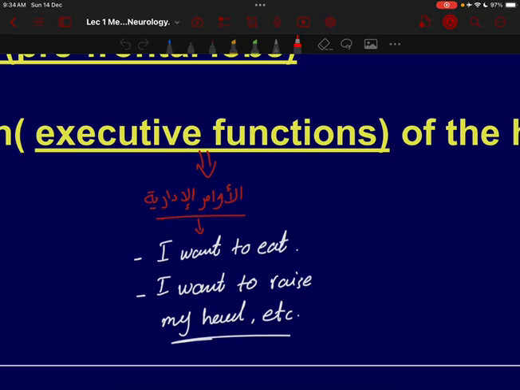Everybody has decision making. So the anterior part of the cerebral cortex, the prefrontal, is where the most important complex function of the nervous system is.